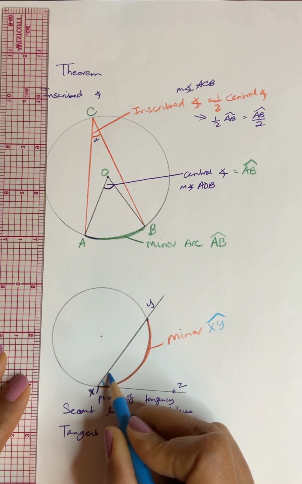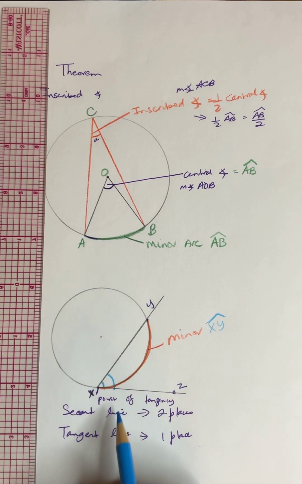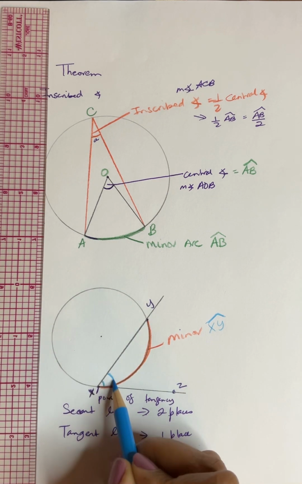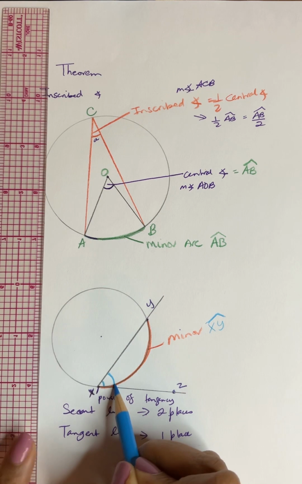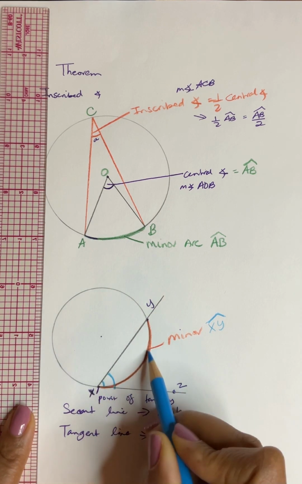All right, that's our symbol for arc. And this angle that's formed here from the secant tangent line, the angle right here, the secant tangent angle, there's a relationship between this angle and the arc.